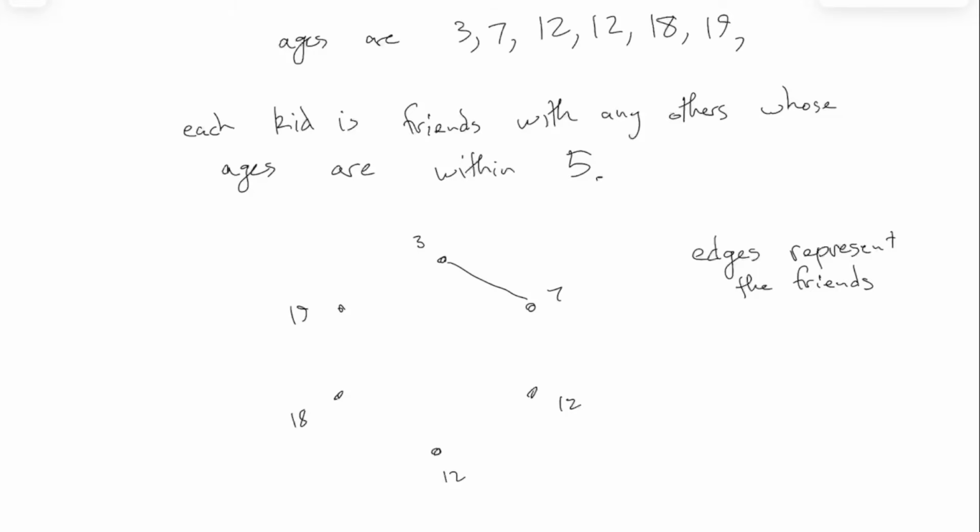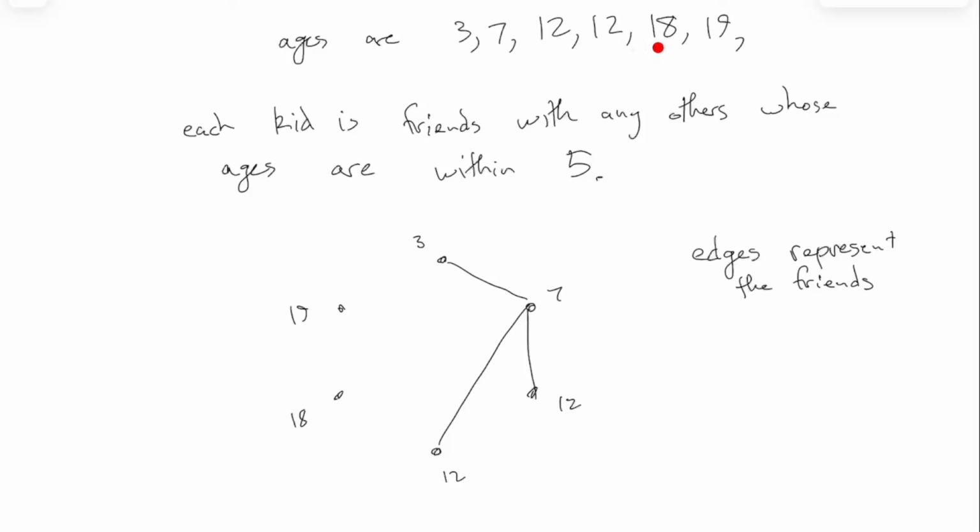What about the 7? Okay, well, the 7 is friends with the 3. We already said that. But also with the 12s, right? Because 7 and 12, I said within 5. I mean 5 or less. So the 7 is friends with the 12s, both of them, here and here. How about the 12s? Well, the 12s are friends with the 7. Are the 12s friends with the 18?